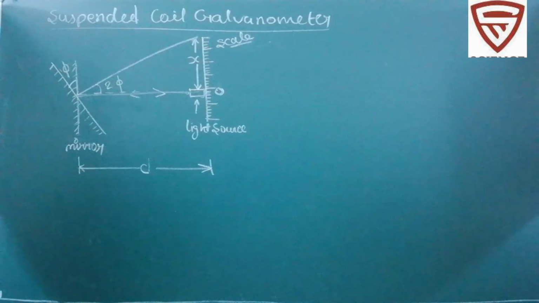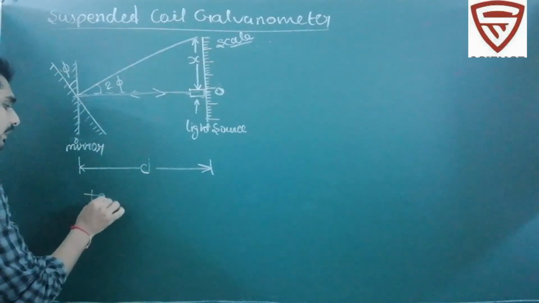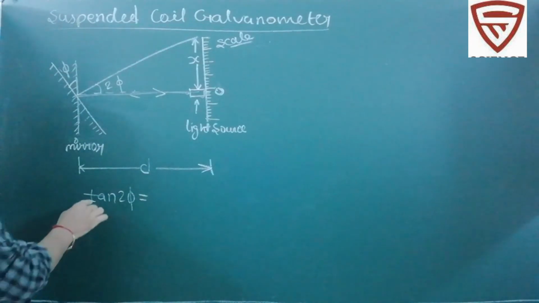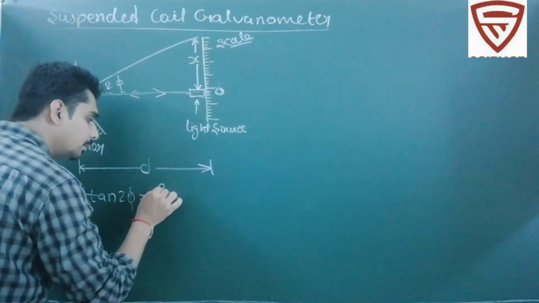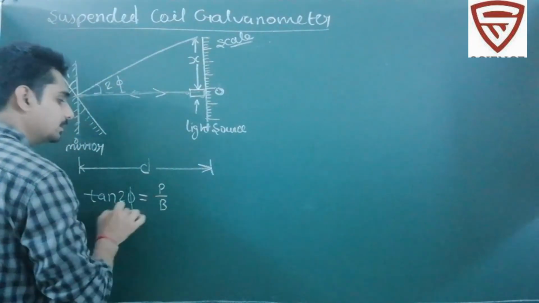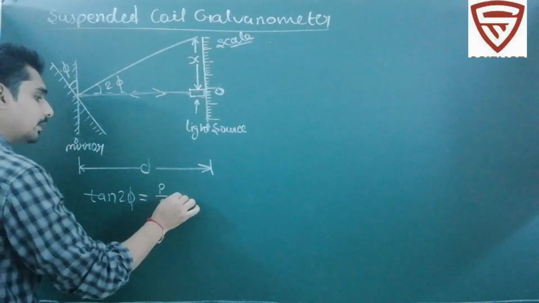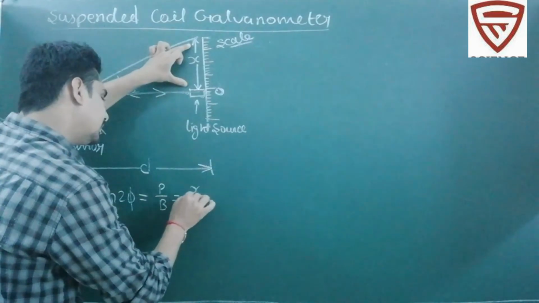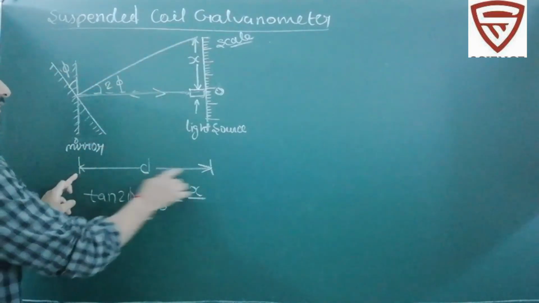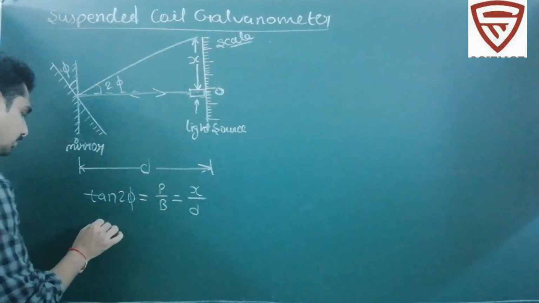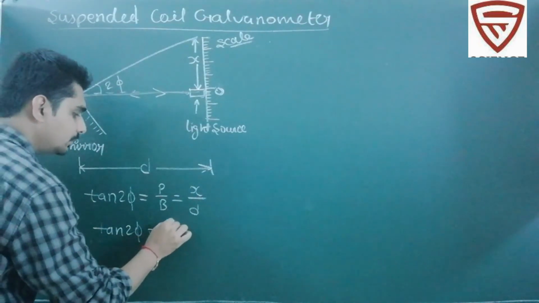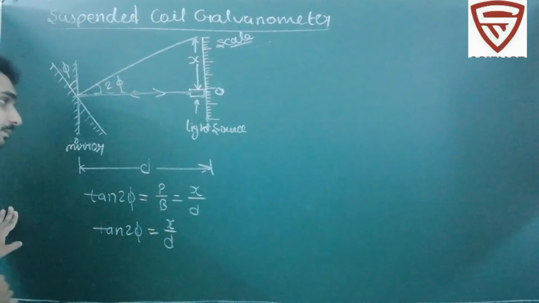Now we apply tan 2 phi in this triangle. So tan 2 phi equals perpendicular upon base, and the perpendicular is x and the base is d. So tan 2 phi equals x upon d.